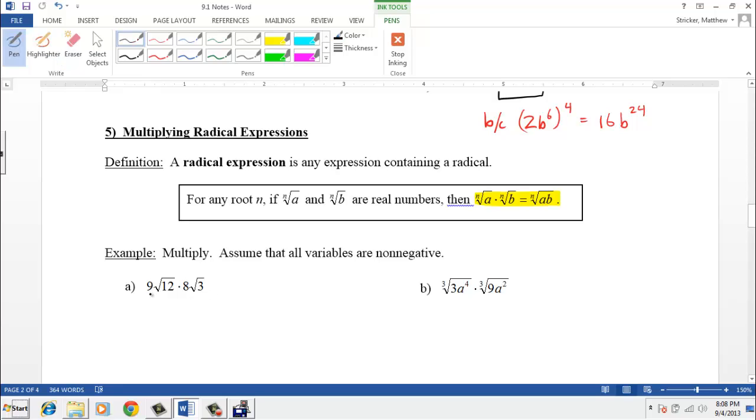So if I'm going to do this first problem, what we're going to think about here is taking the numbers outside the radical, that's the 9 times the 8, and then we can multiply the numbers inside the radical, the 12 times the 3. So the numbers outside, the 9 times 8 multiply to give us 72, and the numbers inside, the 12 times 3, gives us 36.